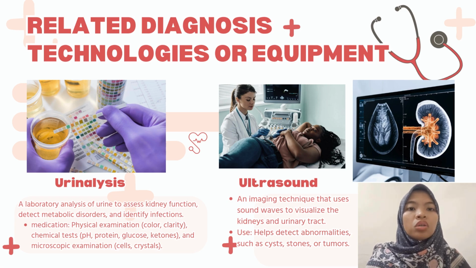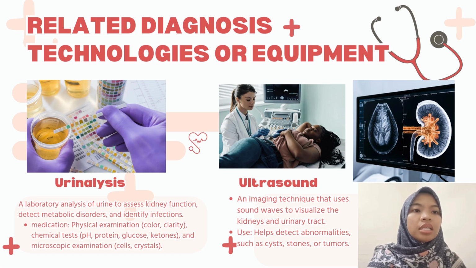So they use physical examination, knowing from the color and clarity, as well as chemical tests, knowing by pH, protein, glucose, ketones, and microscopic examination by knowing from the cells and crystals. Next is the ultrasound. Ultrasound is an imaging technique that uses sound waves to visualize the kidneys and urinary tracts. And then it helps to detect abnormalities such as cysts, stones, and tumors.